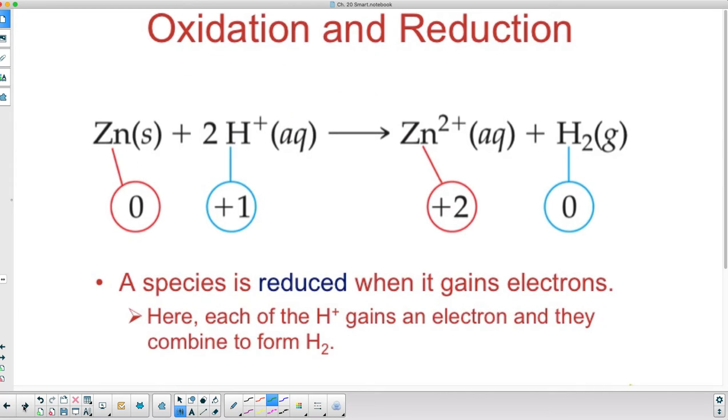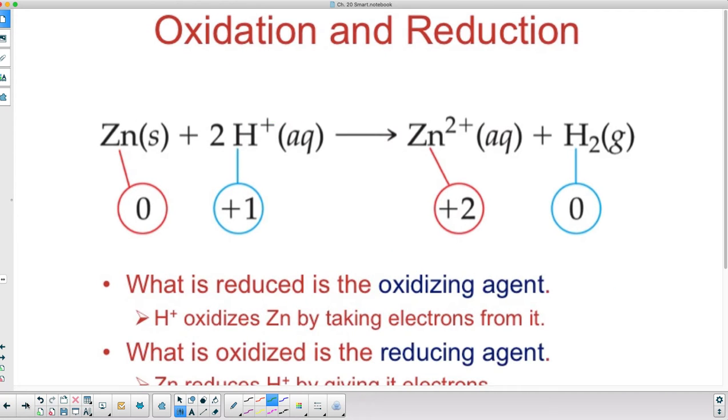Okay, so notice that when we get reduced, that means that in my number line here, if I'm going from a +1 like hydrogen is here, and it goes to 0, that's the 0 right here, that means it's gaining electrons. So something is reduced when it gets more negative. More negative is reduced, more positive is oxidized.